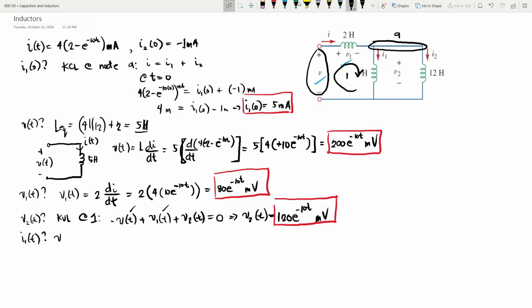Since we have the expression of V2 of t, we all know that we can relate the current in an inductor to the voltage using the equation I is equivalent to 1 over L integral of V dt plus the initial value, integrated from t naught to t.